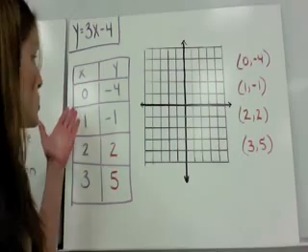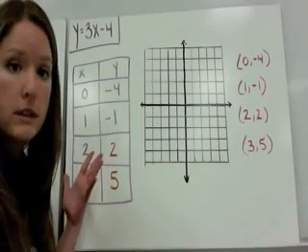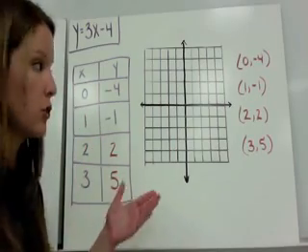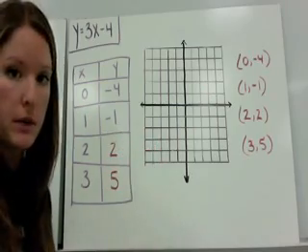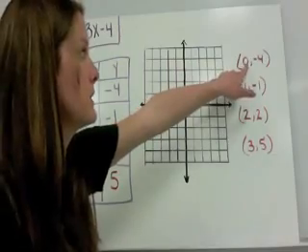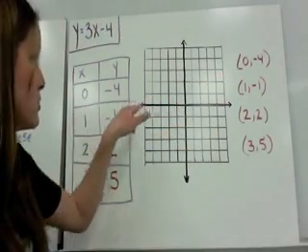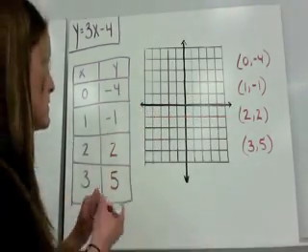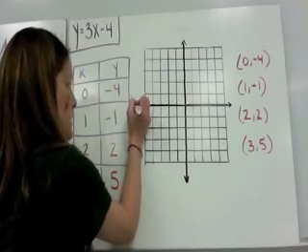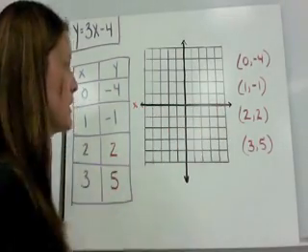So you just figured out what your points or your solutions are that you're going to plot on the coordinate plane. So let's start off with 0, -4. We know that 0 needs to fall on our x-axis. Our x-axis is this line going horizontally right there.